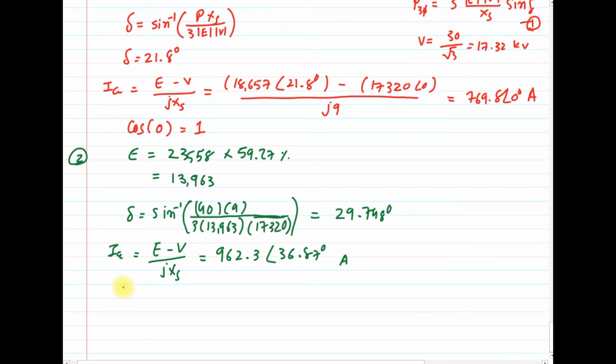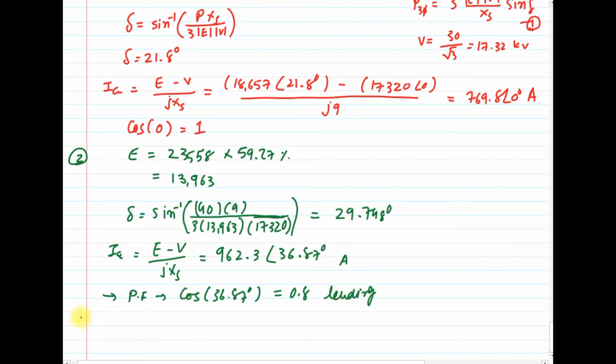Clear? So from the current phase angle you will get the power factor, which is given by cos 36.87, which is equal to 0.8 leading.